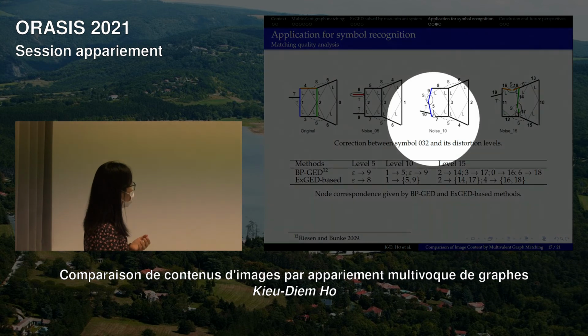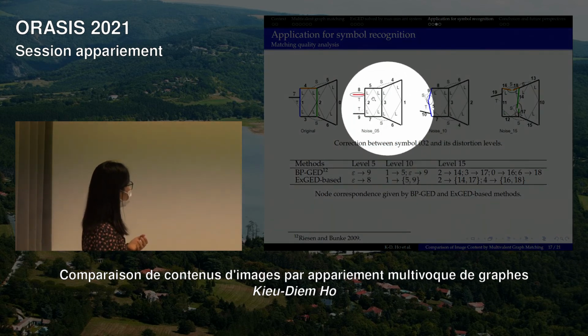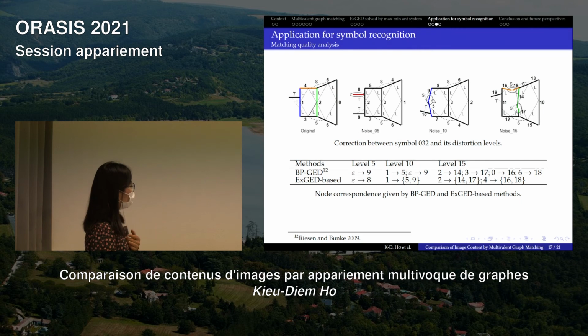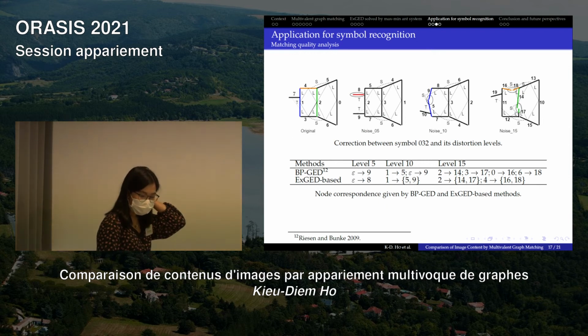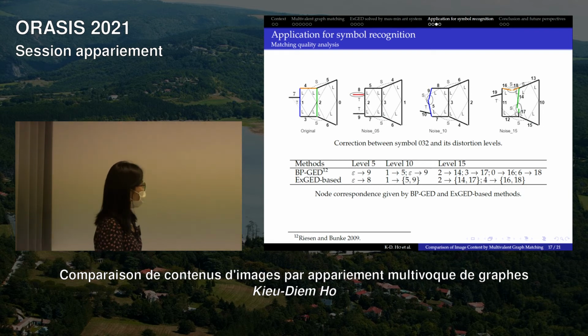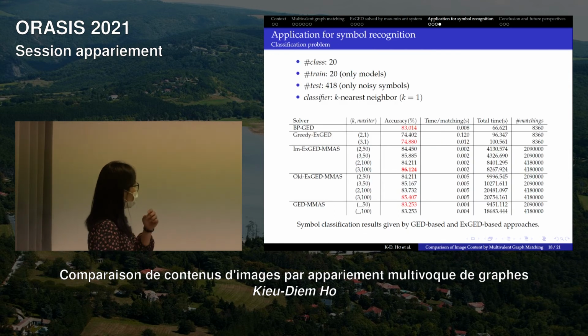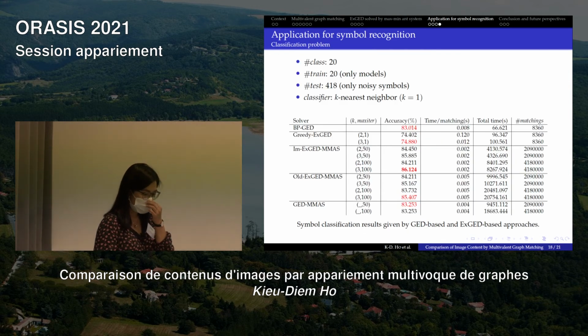However, our method matches 1 with 5 and 9 here, thanks to the splitting and merging operations. So in fact, our method gives a more meaningful result in the real context compared with the traditional method. And for the quantitative analysis, I apply it in the classification context.